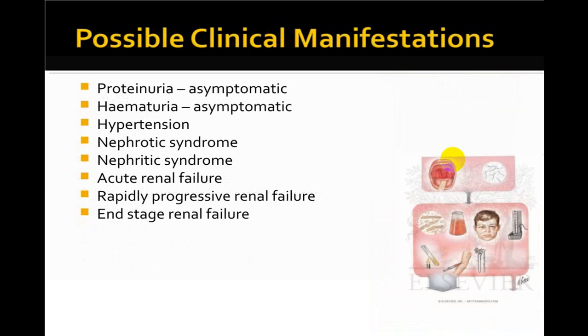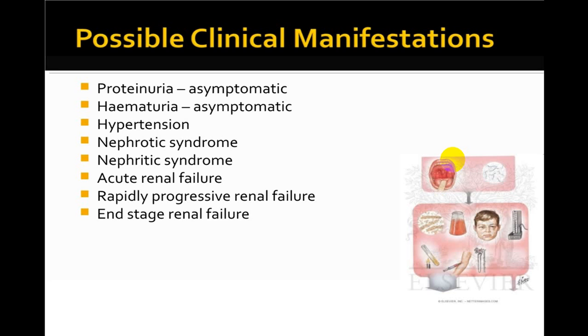Proteinuria may be asymptomatic, or hematuria may also be asymptomatic because it may be microscopic, and this is mainly a classical group we call asymptomatic urinary abnormality. Very common symptoms are hypertension, and it may present as nephrotic syndrome, which will have classical massive hypoproteinemia, massive proteinuria, and generalized anasarca.